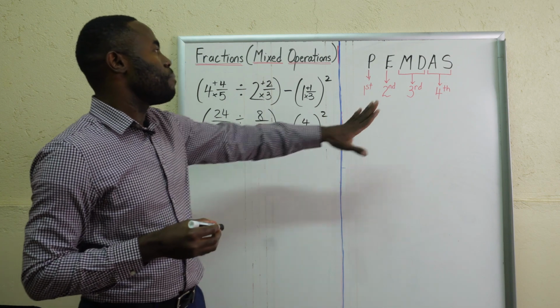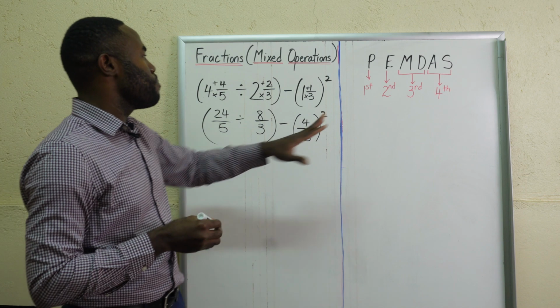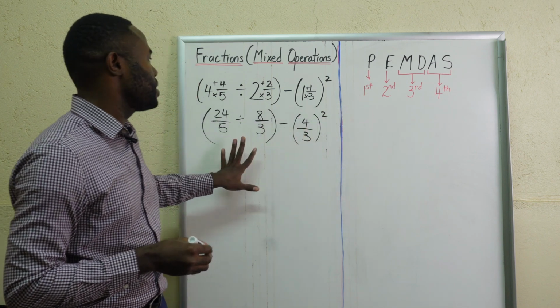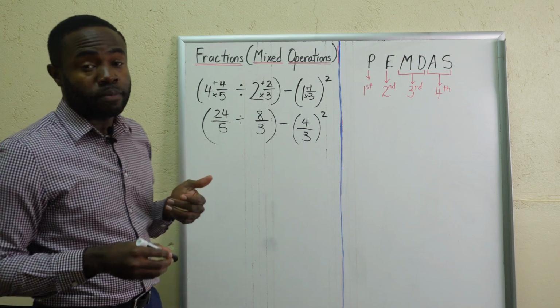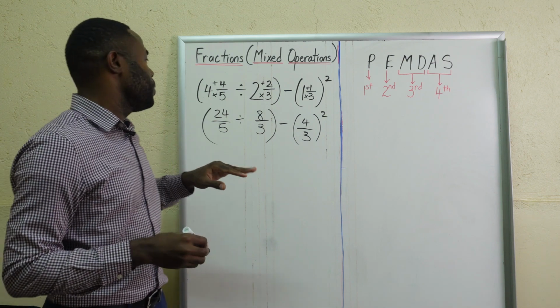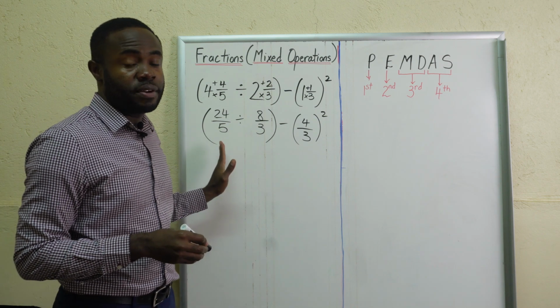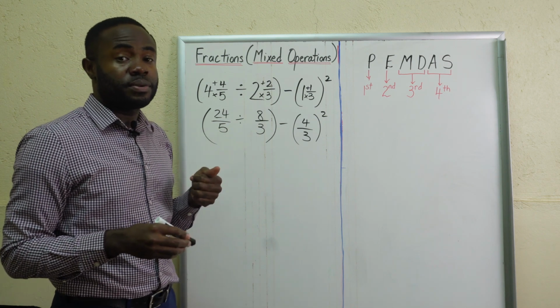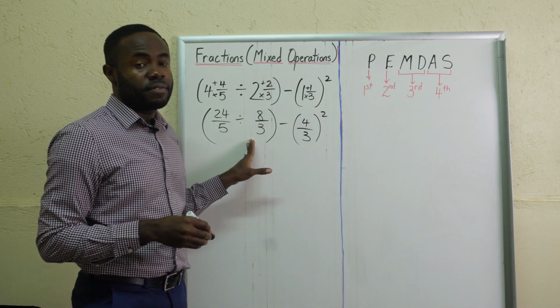Afterwards, we're going to apply the PEMDAS now. As you can see, there is a parenthesis, so we need to work what's in this bracket first. But inside the bracket, we have what? Division. And if you can recall, when dividing, we need to write the first fraction, change the division to what? Multiplication, and then we reciprocate the second fraction, which means to flip.